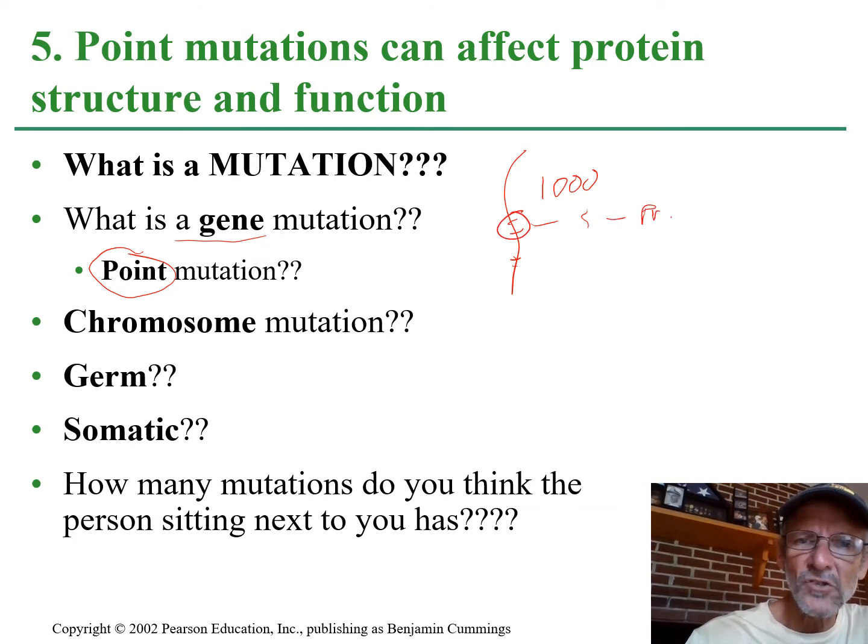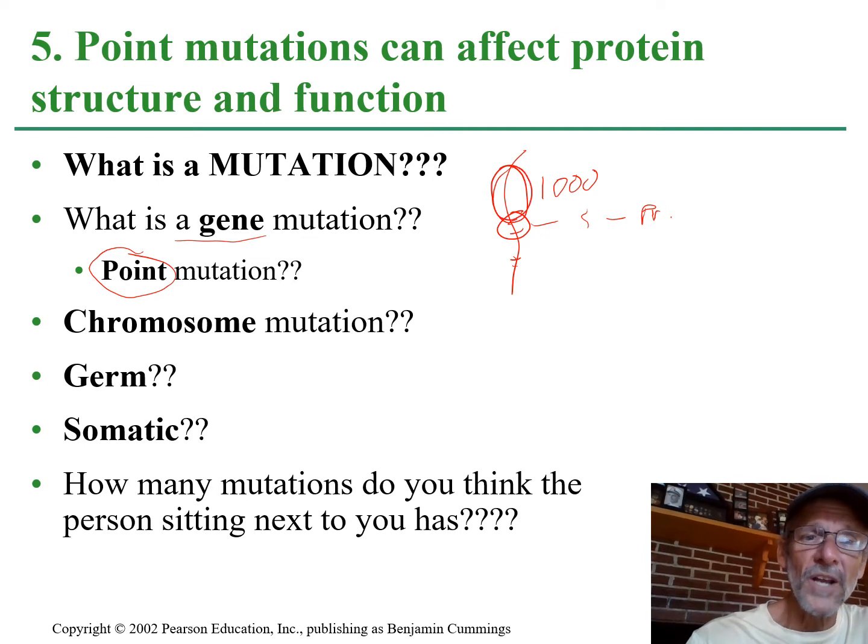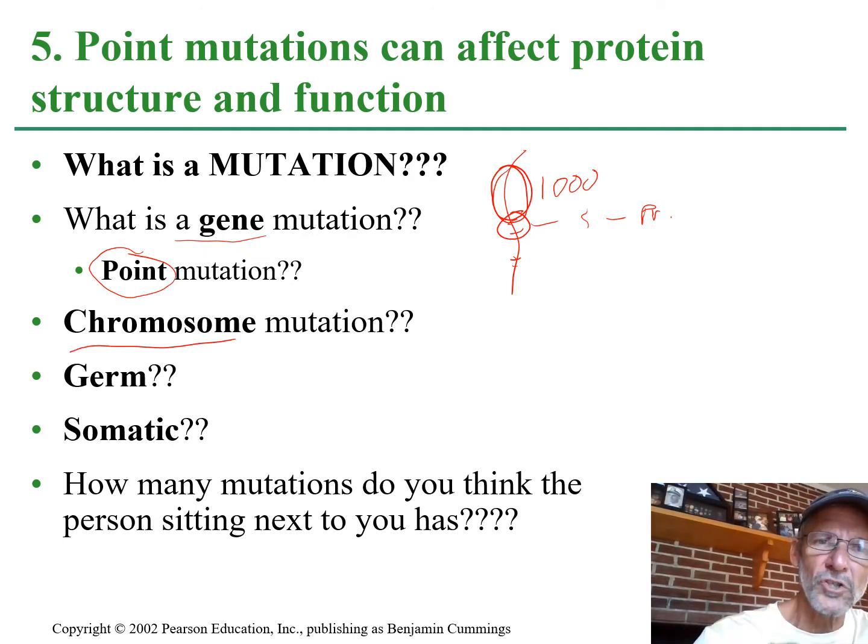That's what a gene is, one section of a chromosome. Sometimes changes, mutations happen that affect whole segments of chromosomes or sometimes entire chromosomes. And so those are simply called chromosome mutations. Not just one gene, but more than one gene, maybe an entire chromosome.